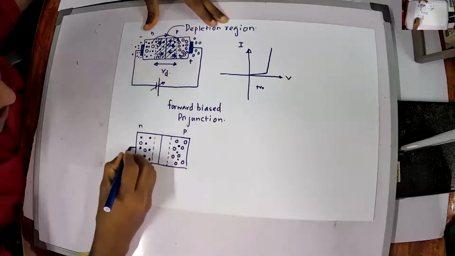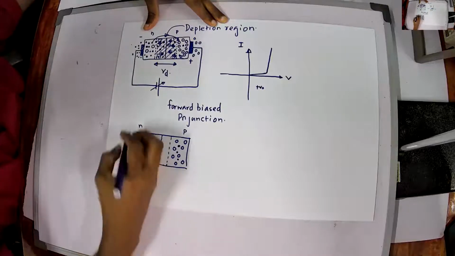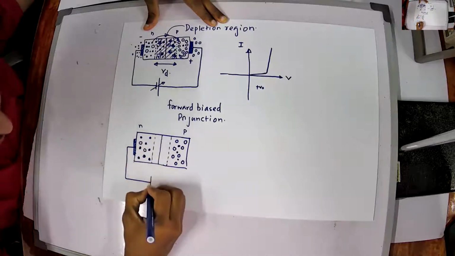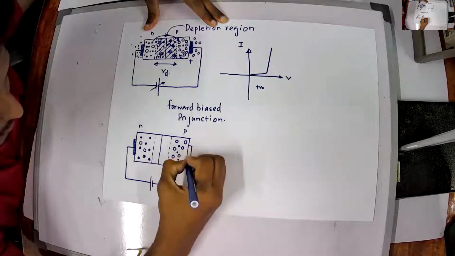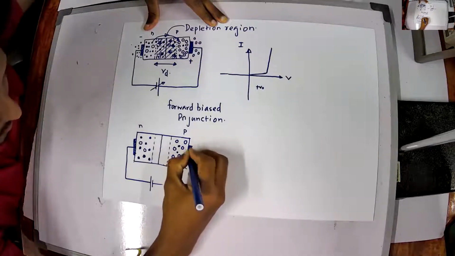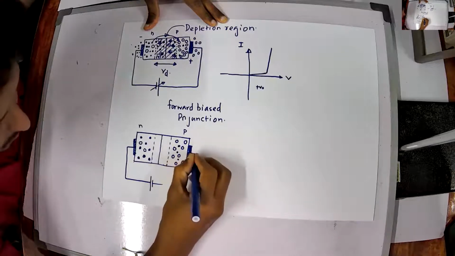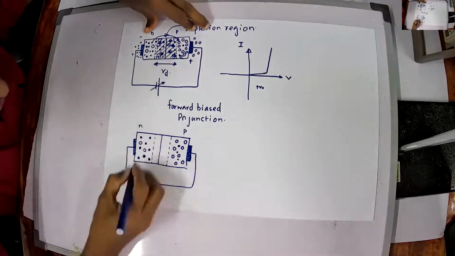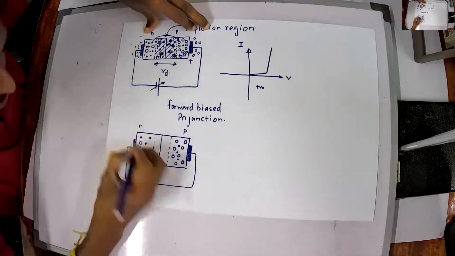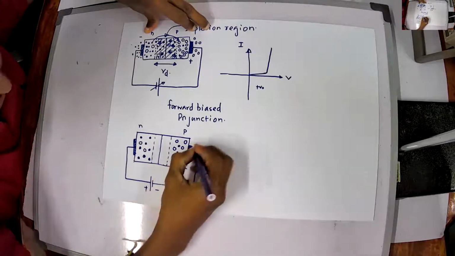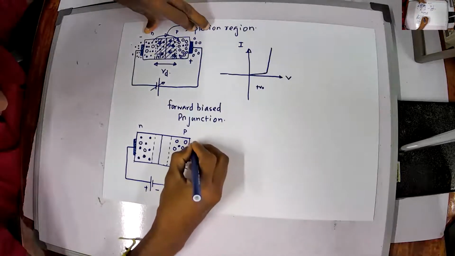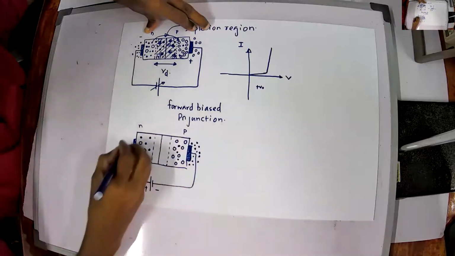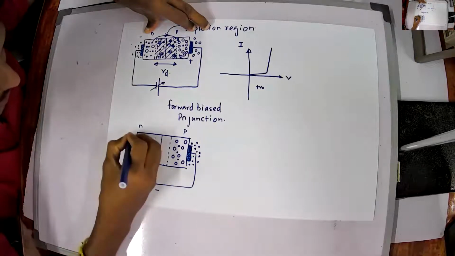Right, now under reverse bias, what I am doing is connecting the N type to the plus terminal of the battery, and the P type to the minus terminal of the battery, which means I am withdrawing a lot of electrons from the N type, and I am injecting a lot of free electrons into the P type, and holes into the N type.